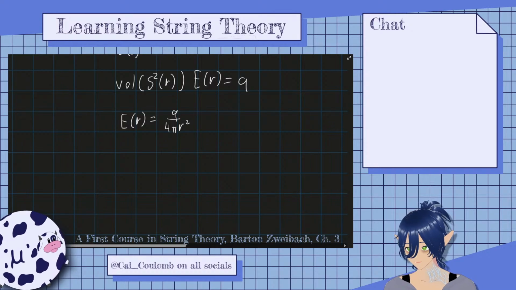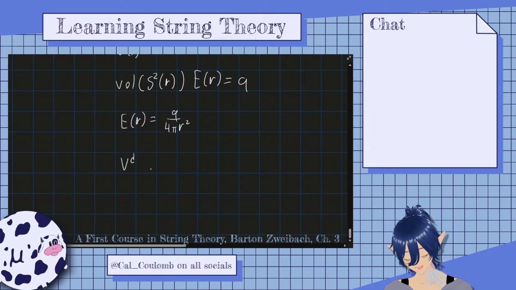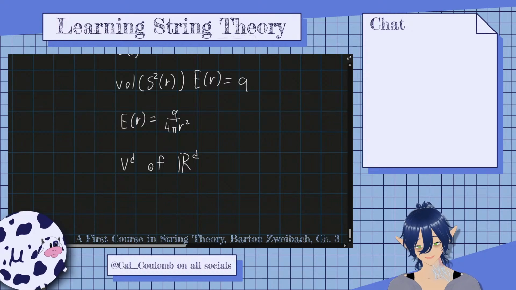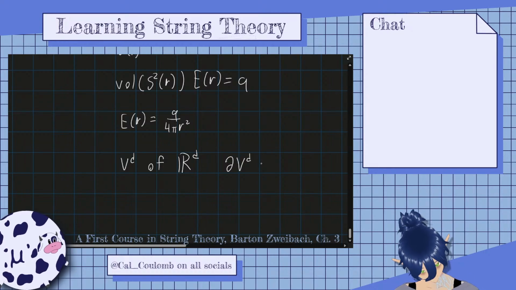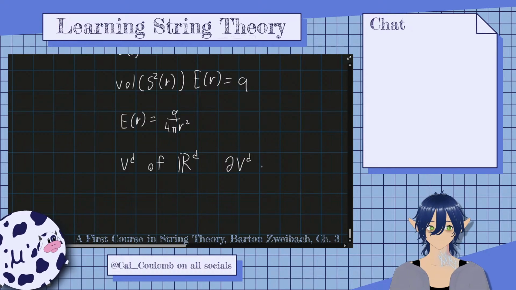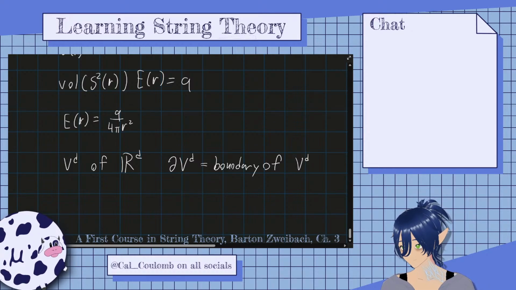Consider a d-dimensional subspace V_d of R^d, and let ∂V_d denote the boundary of V_d. Moreover, let E be a vector field in R^d.